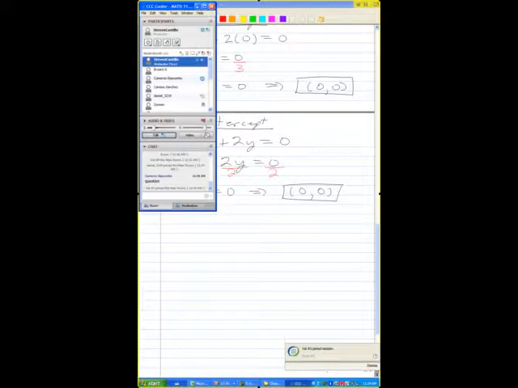Question. The only time the x and y-intercepts will be the same is when the curve passes through the origin.